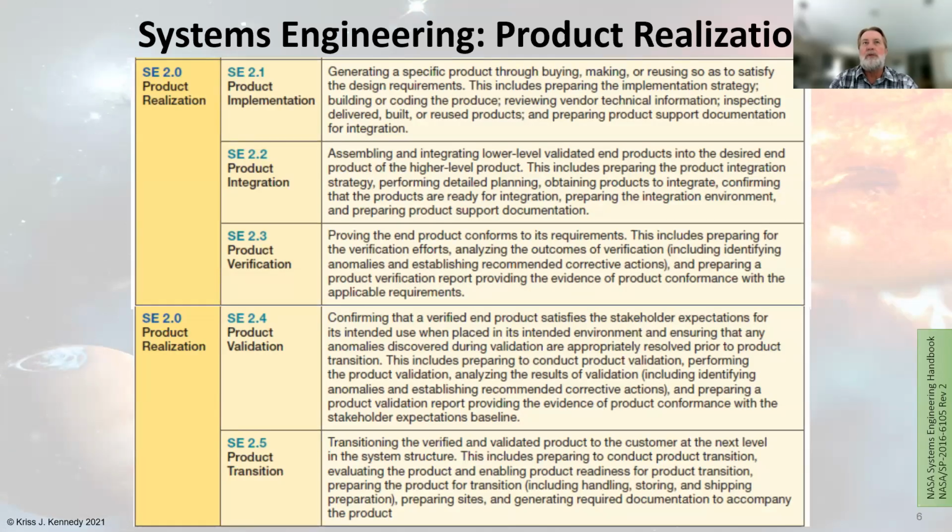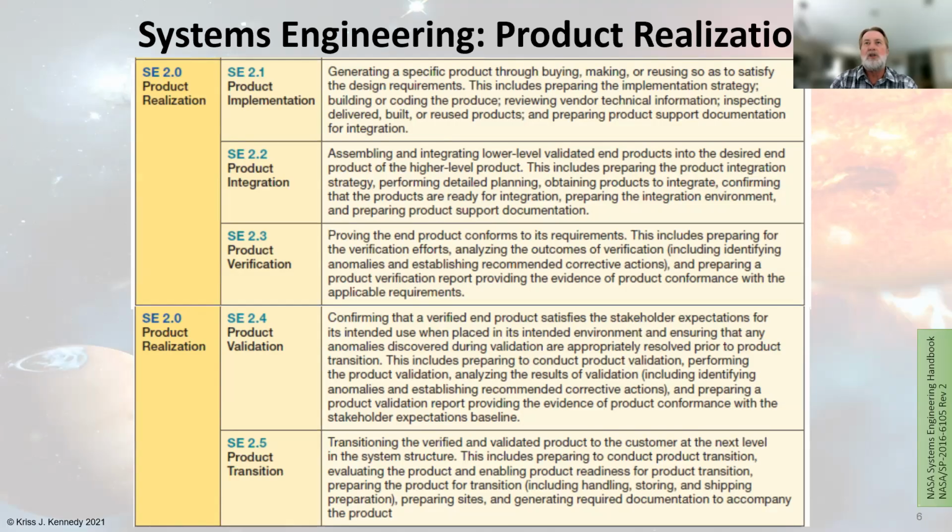Verification really is about proving the end product conforms to those requirements. So usually when we write requirements, we also write our verification statement, and requirements should be quantifiable, not vague. And sometimes we tend to also write two requirements in one, as opposed to keeping them simple and focusing on a specific task of that product, what it's to do.